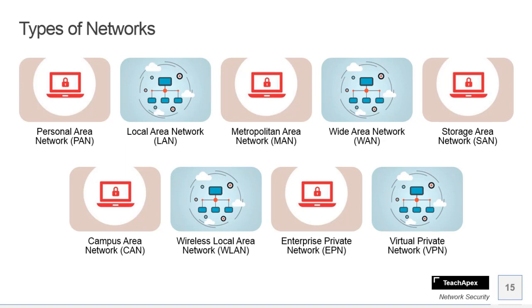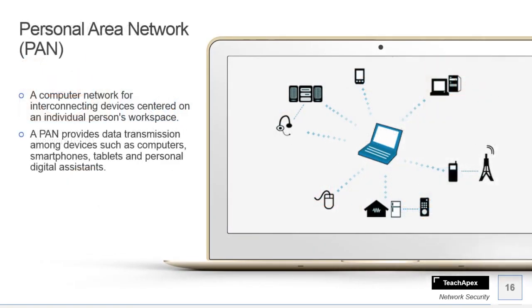This is similar to LAN, local area network, but it's an upgraded version having wireless capability. Then we have enterprise private network, called EPN, and at last we will be discussing virtual private network, VPN. All right, so let's start with personal area network.